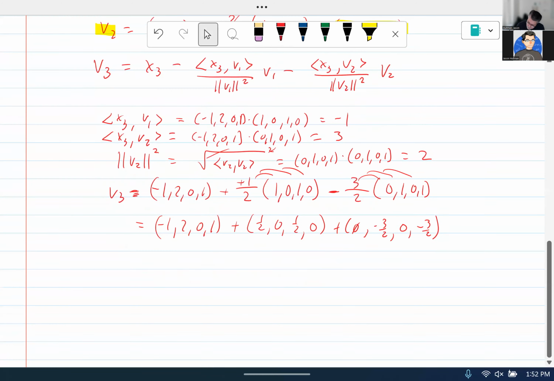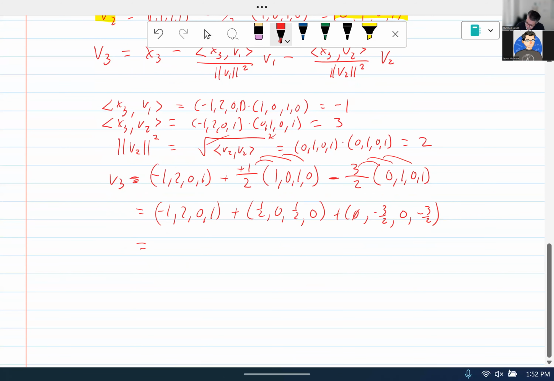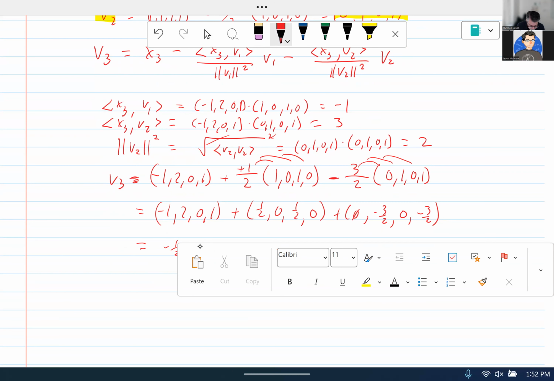So now we get negative 1 and 1/2 is negative 1/2 plus 0. It's negative 1/2.